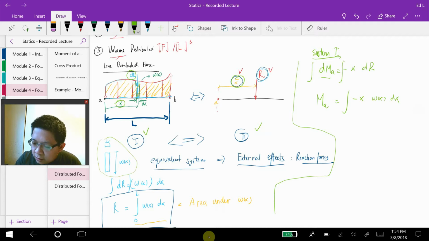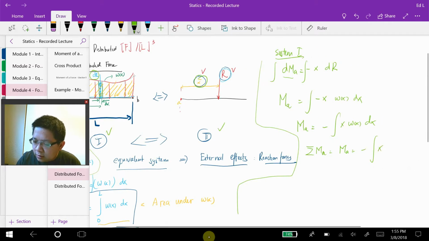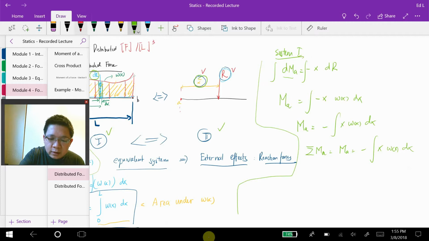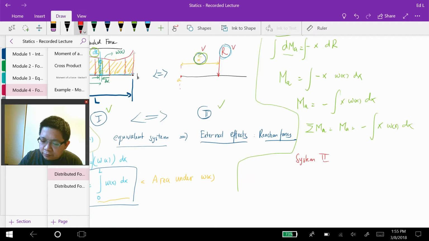So in here I obtain that my M_A is the integral of x w(x) dx. So that's from system 1, and right now I'm going to formulate it from system 2, and it should be much easier.